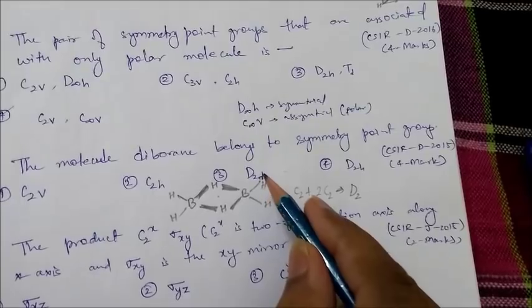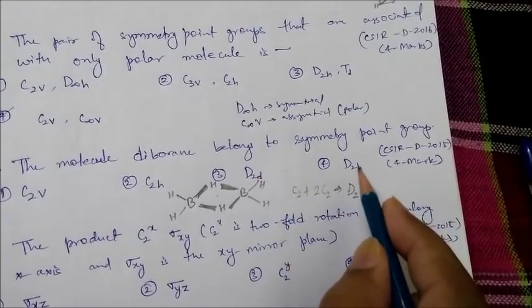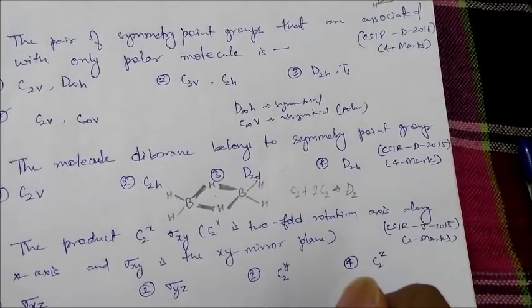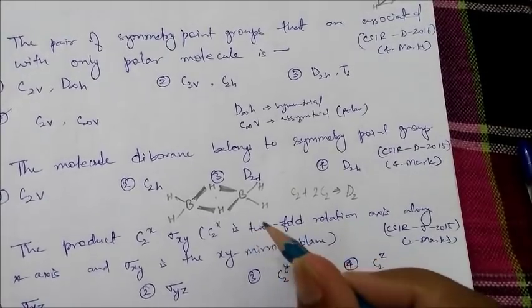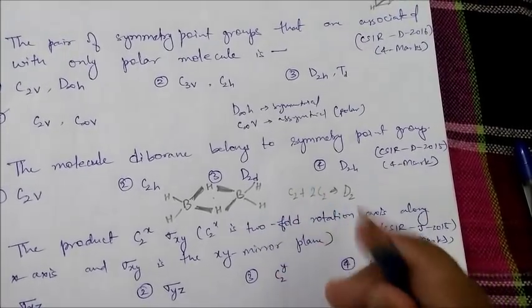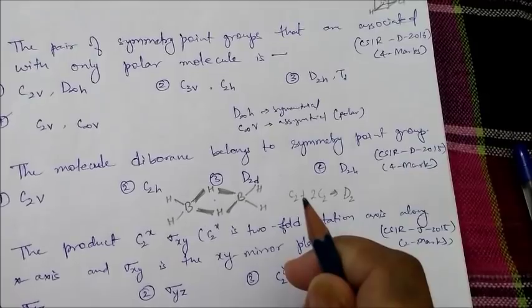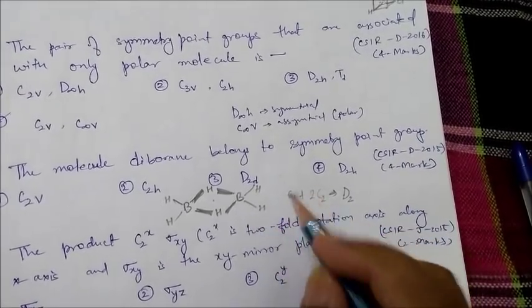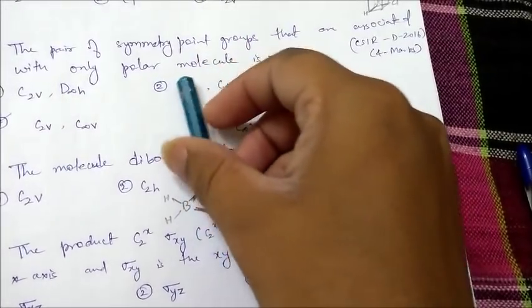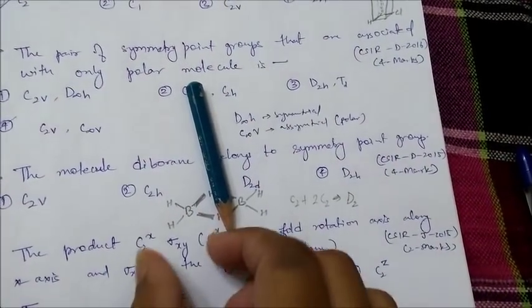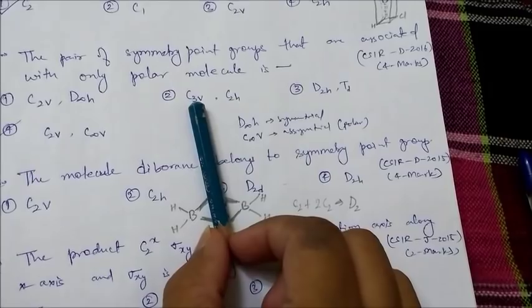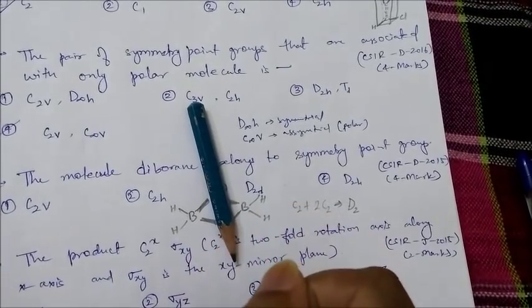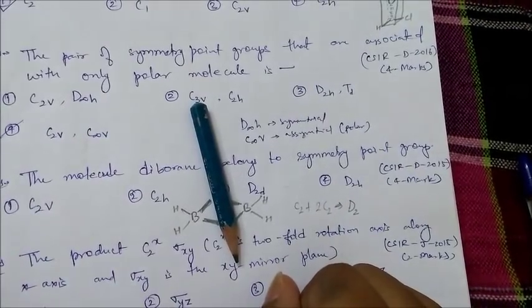Now we have to check whether there is a dihedral plane or a horizontal plane. So a horizontal plane is one where, if I take an axis and there is a plane perpendicular to that, then that will be called a horizontal plane. Okay, so if I take this z axis as the principal axis, then is there any plane which will cut this?